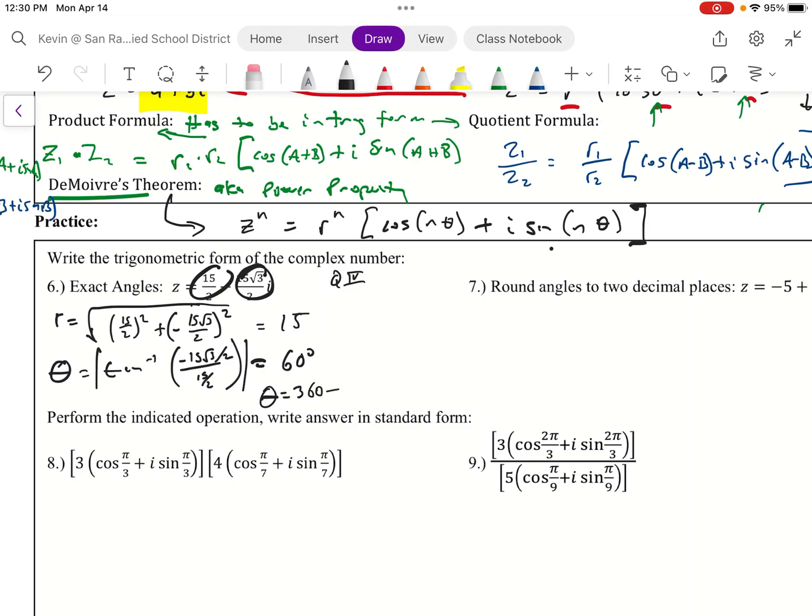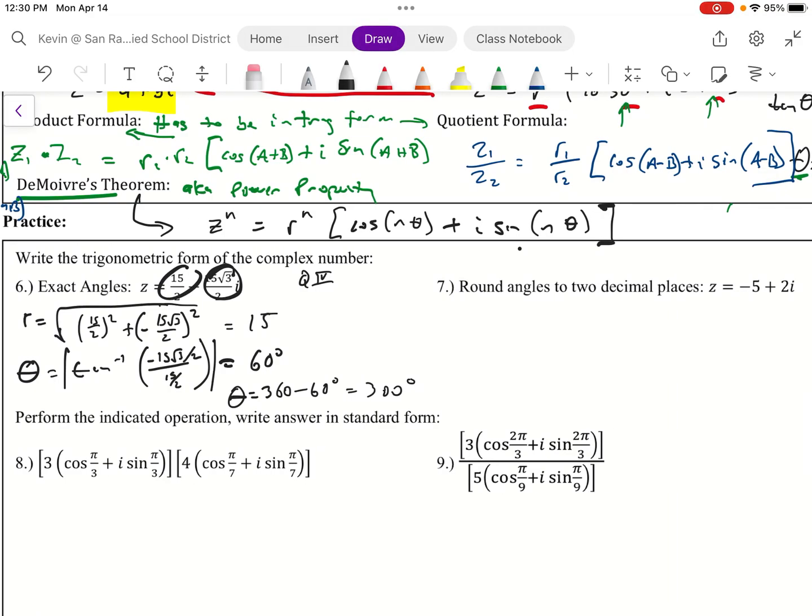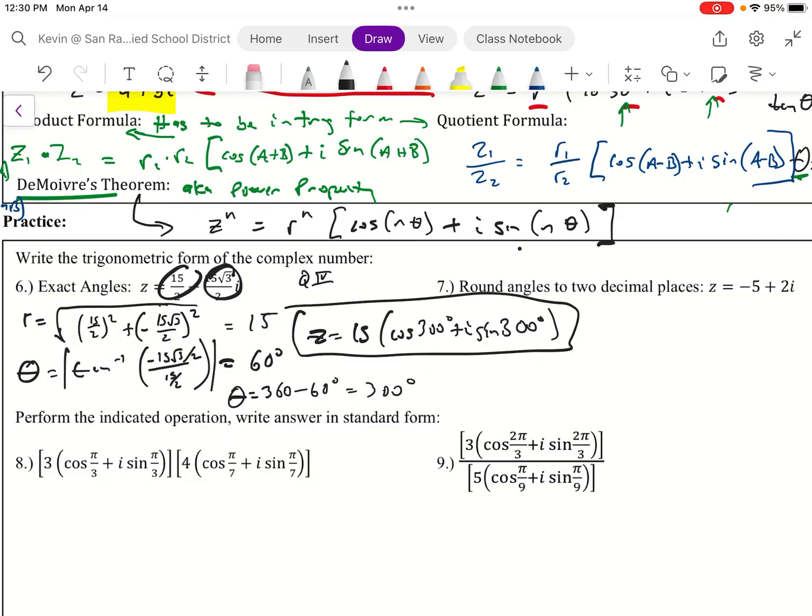By the way, this is the absolute value of it. So you get 60 degrees, and then since we know it's in the fourth quadrant, we go 360 minus 60 degrees equals 300 degrees. And therefore, we have z equals our r, 15, times cosine of 300 degrees plus i sine of 300 degrees.